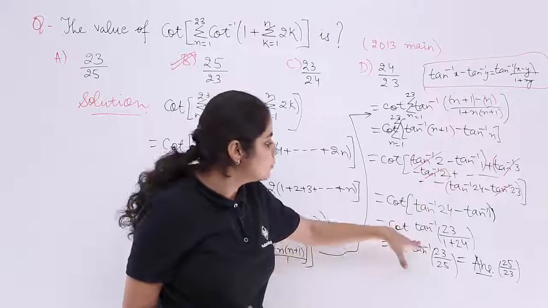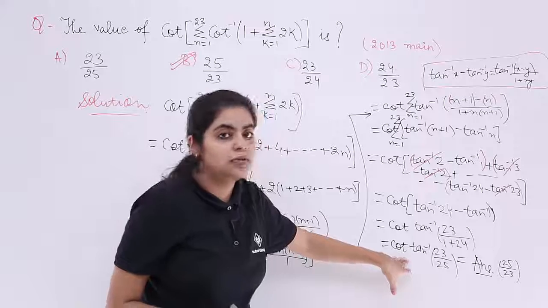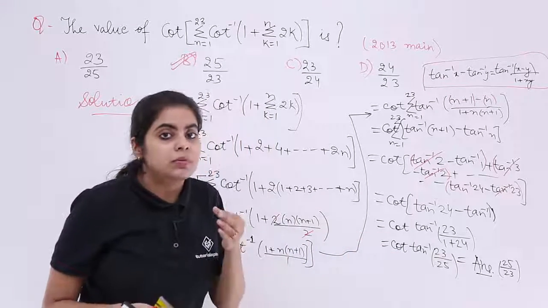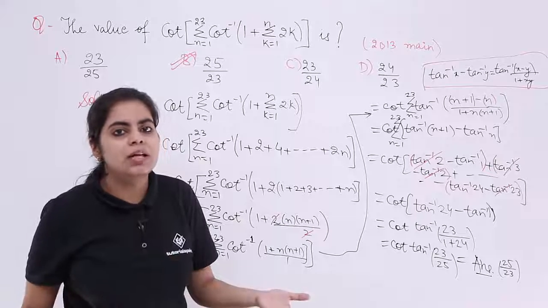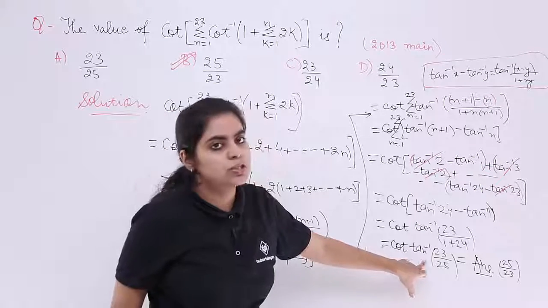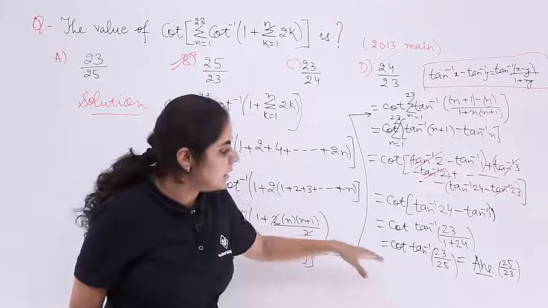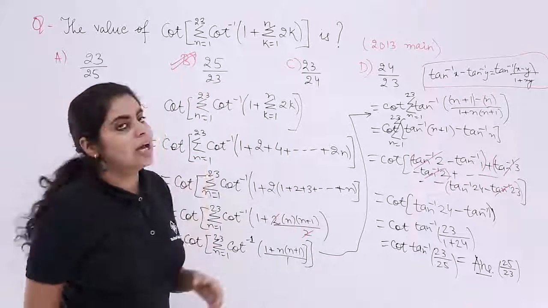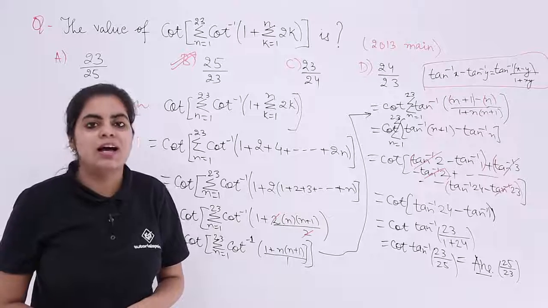At the end we were left with cot tan inverse 23 upon 25, but cot and tan inverse don't nullify each other, so we converted this to cot inverse and then nullified to 25 upon 23, which is option number B as the answer to this previous year IIT JEE question.